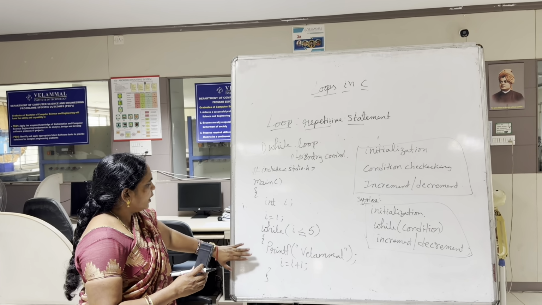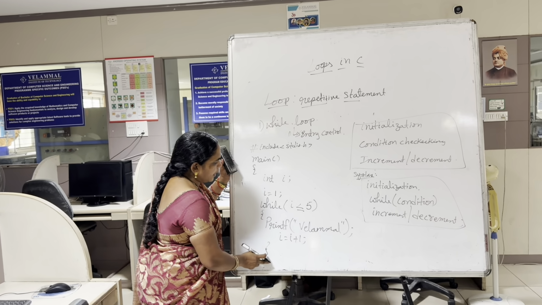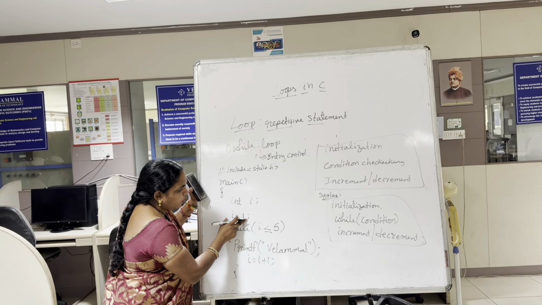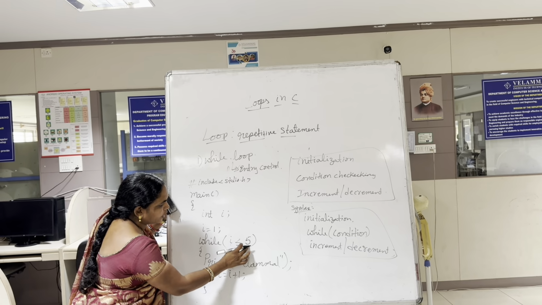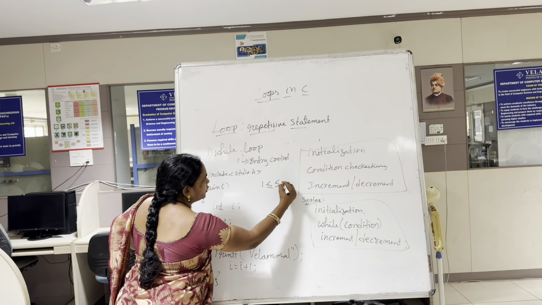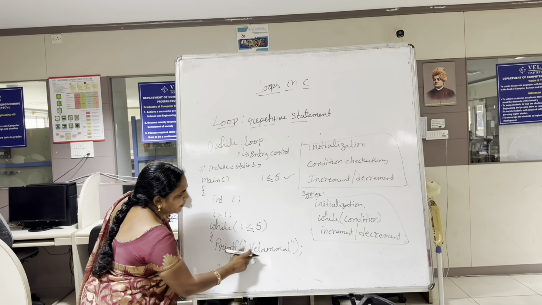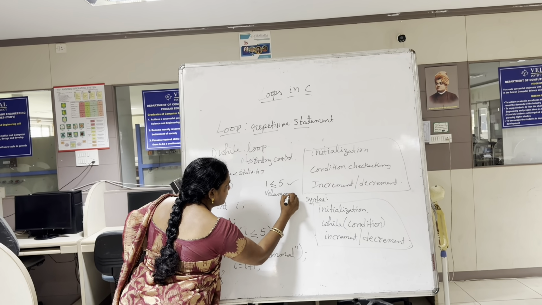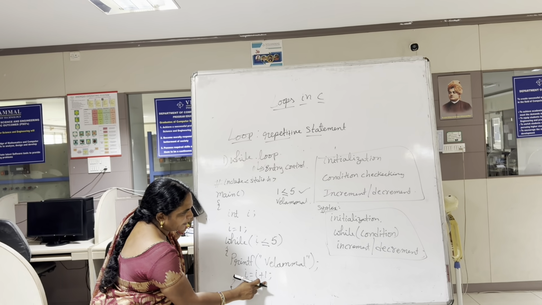If we are going to execute the program, this is how the output will be displayed. After compiling the program, initially the I value will be 1. I equal to 1, I is less than or equal to 5, that is 1 less than or equal to 5. So the condition is true, it gets inside the loop and it will be printing the name Velammal once, and now the I value will be incremented by 1.